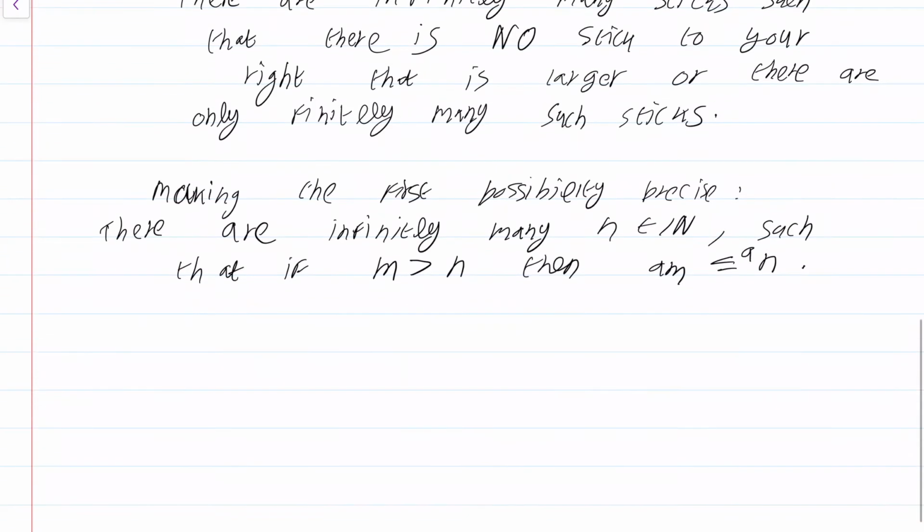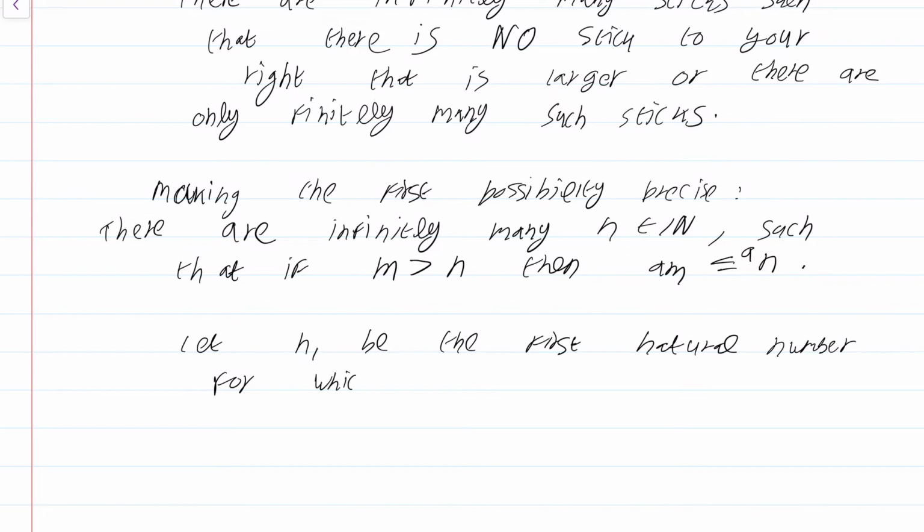Now I am going to construct for you a decreasing subsequence of a_n using this possibility. How do I do that? Let n1 be the first natural number for which, let me label this star, for which star happens.